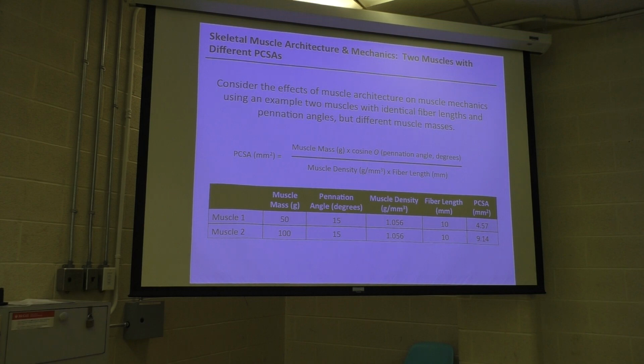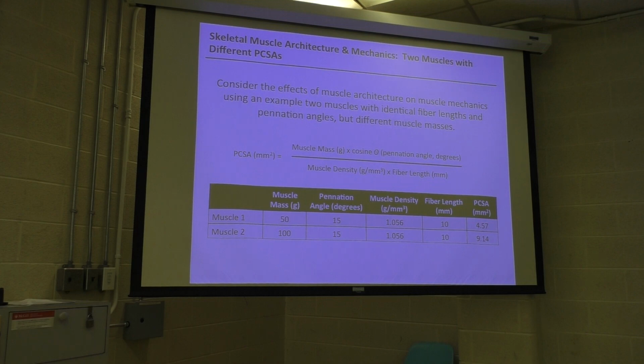So right now we're going to take a look at changing the muscle mass, and when you keep everything else constant, doubling the muscle mass will result in a greater cross-sectional area. So that makes sense. You have a larger muscle, you change your cross-sectional area, and then you change the resulting force. Okay?